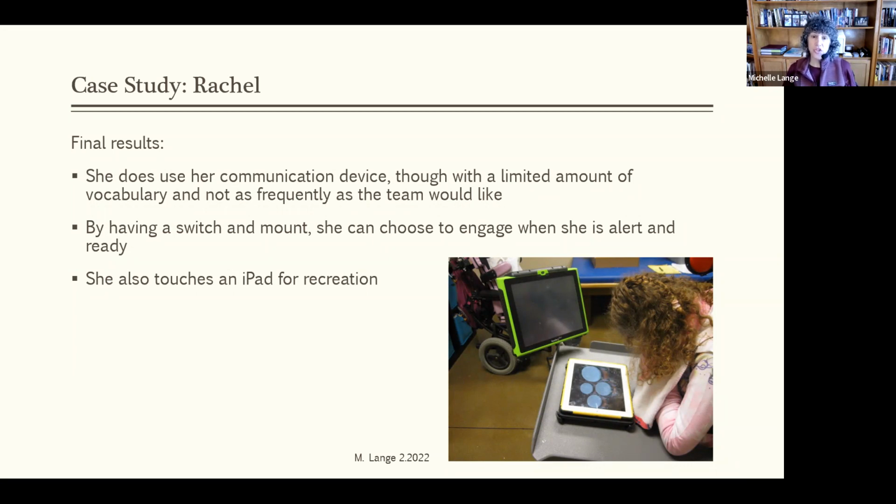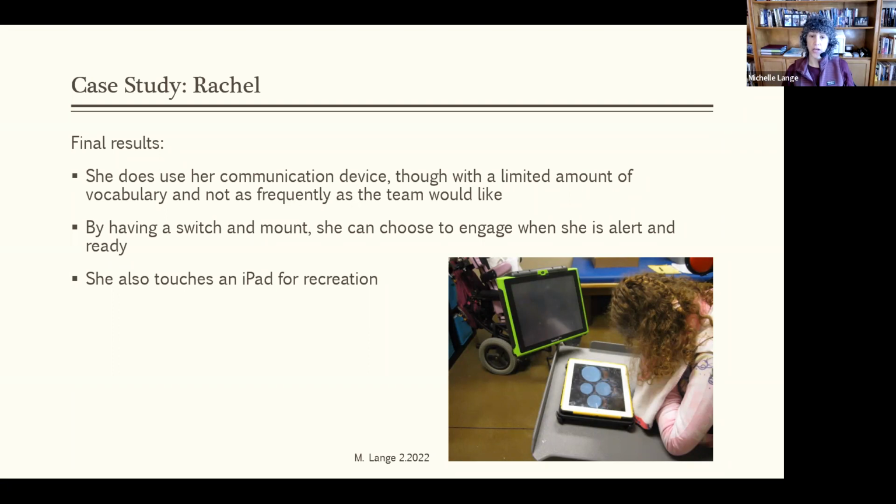By having the switch and the mount, she can choose to engage when she's alert and ready, and it varies. She has periods of time where she's very engaged and she goes to town. And then other times, maybe a period of days, she's much less engaged. She also sometimes has direct touch on an iPad.